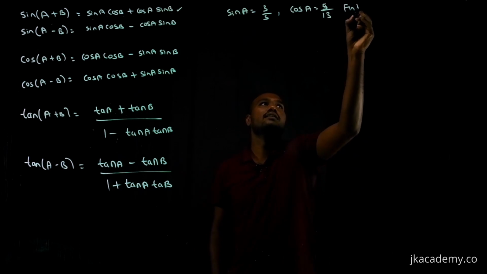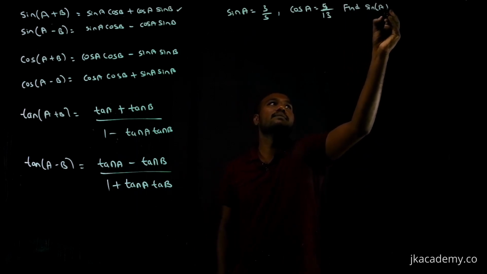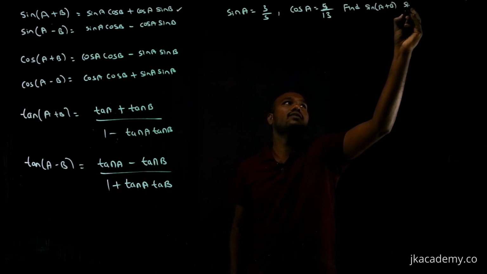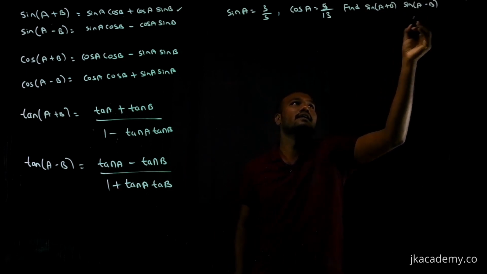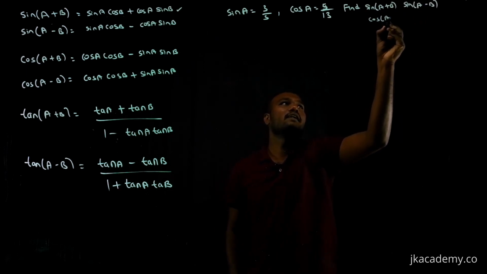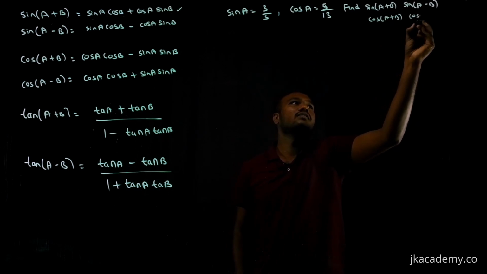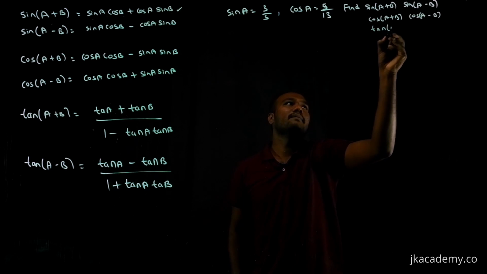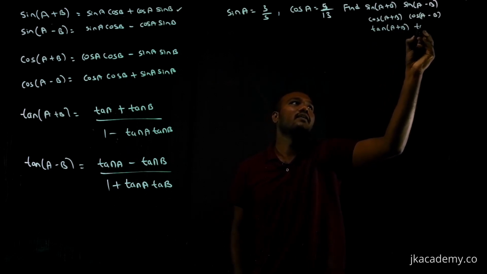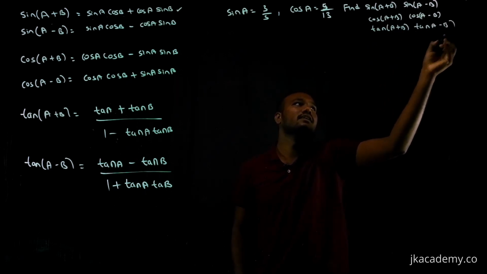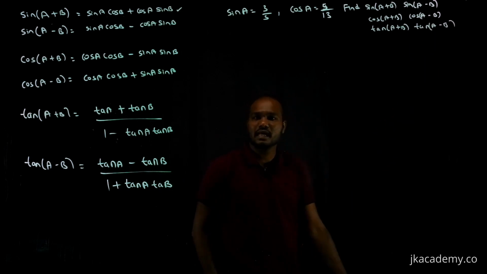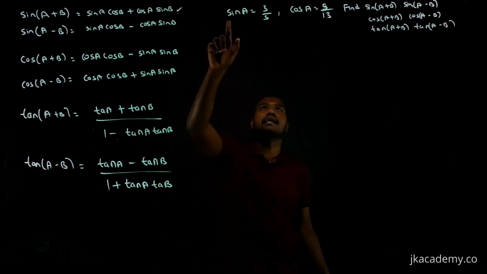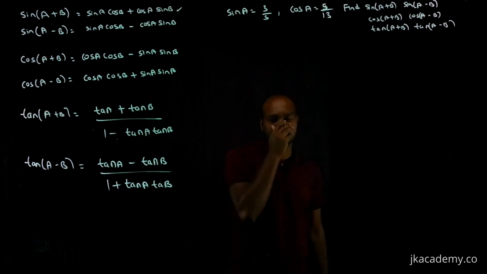Find sin of A plus B, sin of A minus B, cos of A plus B, cos of A minus B, tan of A plus B, tan of A minus B. These questions are asked. What is given? Sin A is 3 by 5, cos B is 5 by 13.